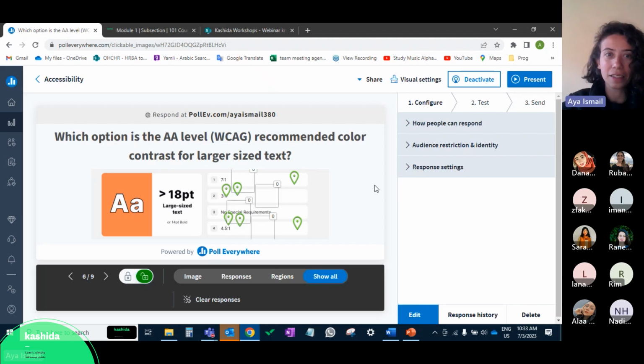And what matters is that nobody said no special requirements. What matters for you to know out of this question is that there is a need for contrasting colors and for making clear the difference between large size text and smaller size text.